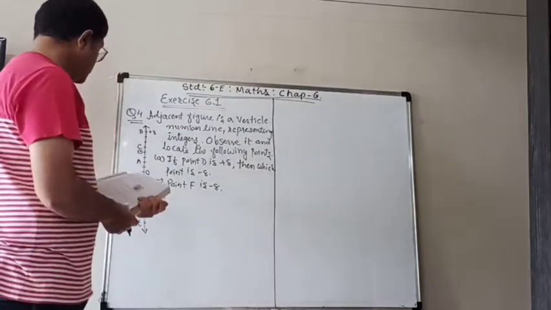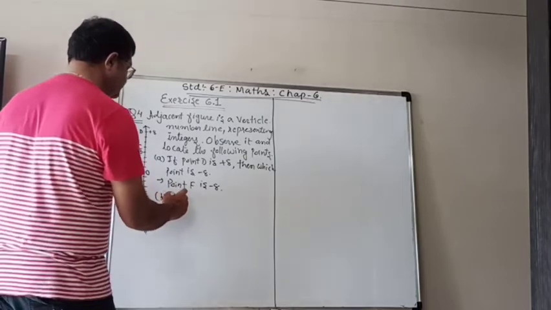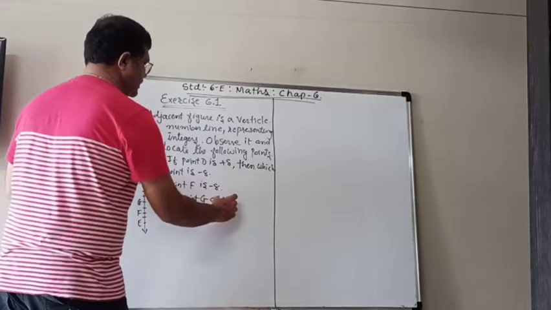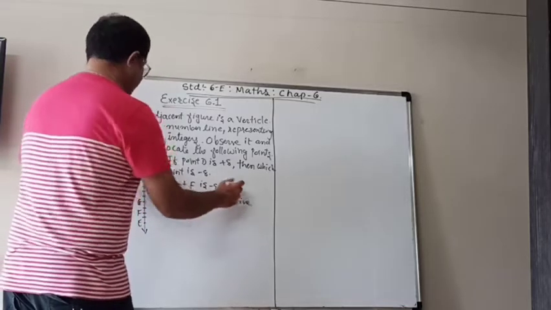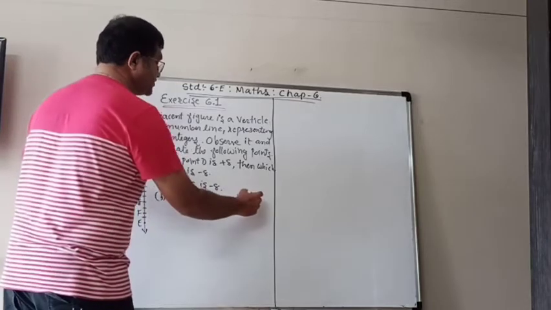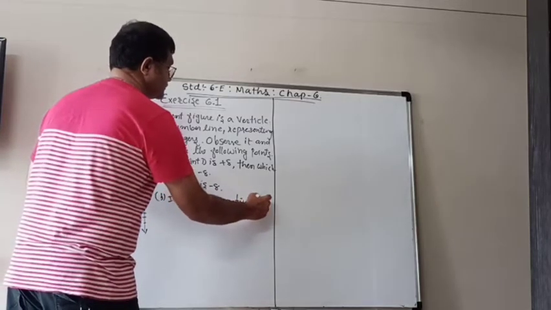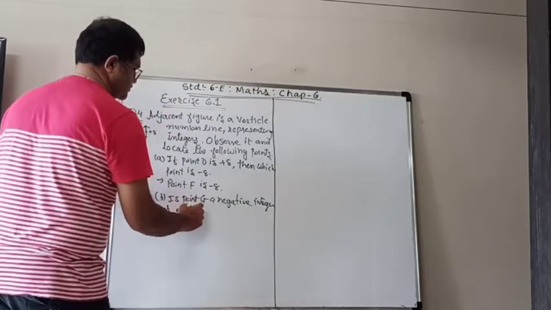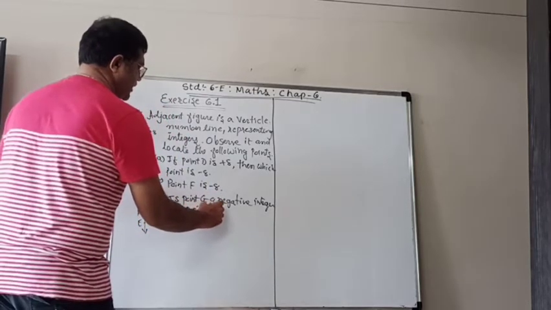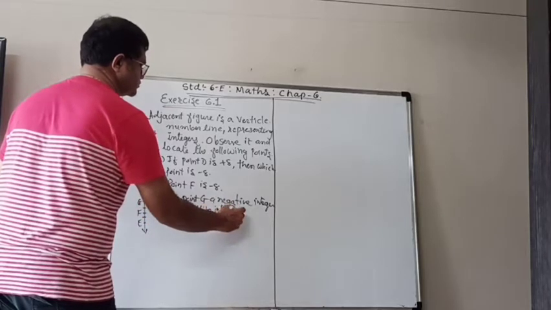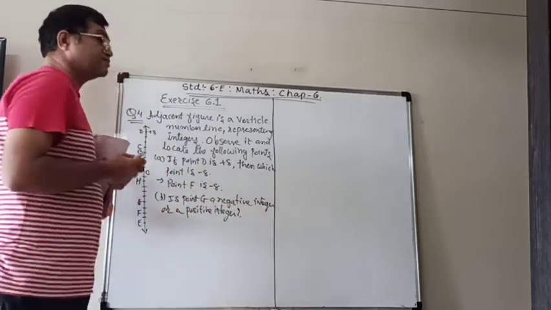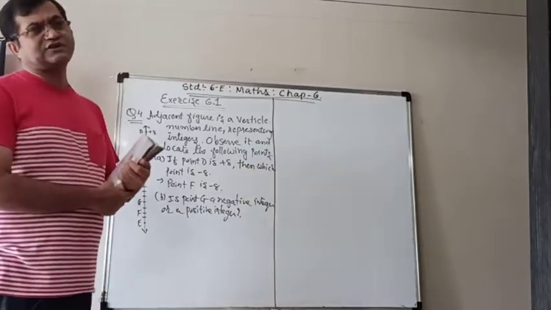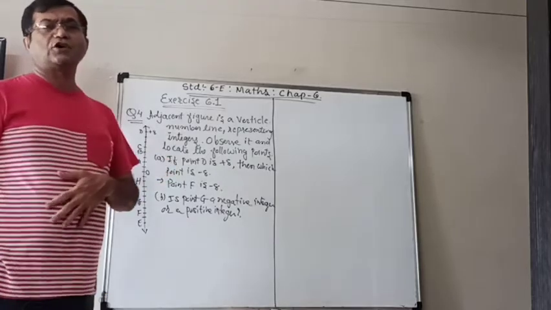Second, is point G a negative integer or a positive integer? Now I already explained to you that on the upside of 0 there are positive integers, downside of 0 negative integers.